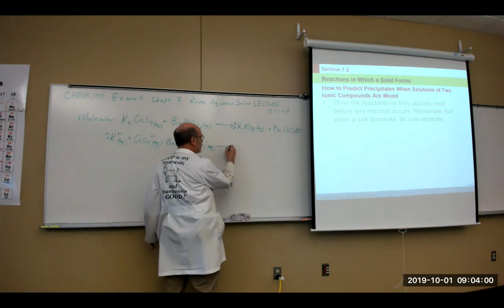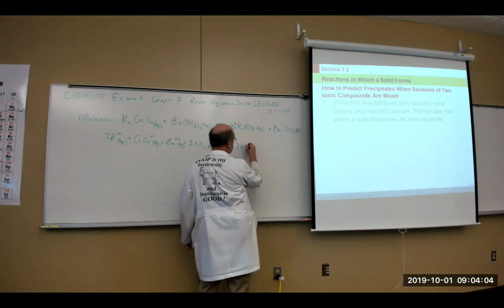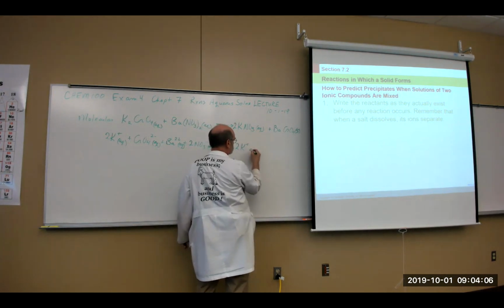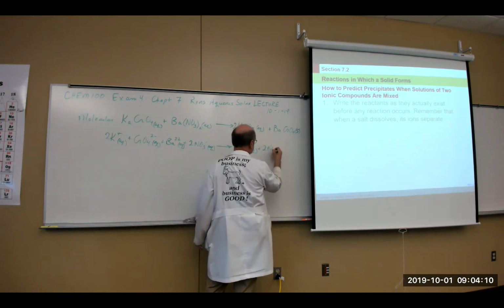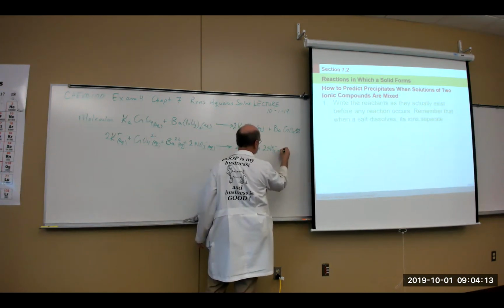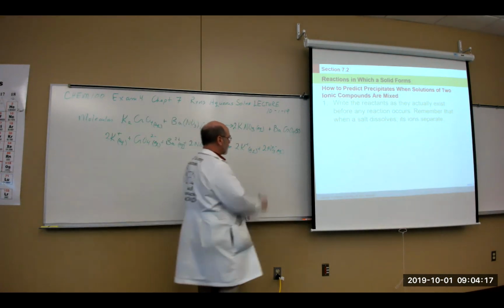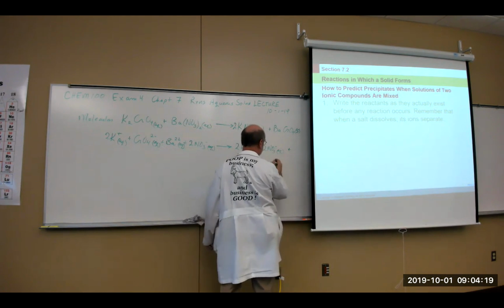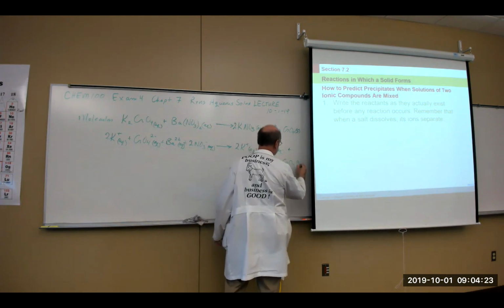Then what happens over here? Well, now you have 2 potassiums that are still in solution, and 2 nitrates that are in solution. Okay? But this one, I might have to write it down here. This one's a solid.